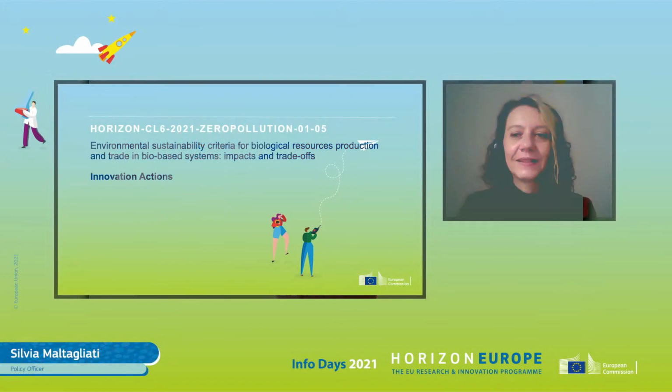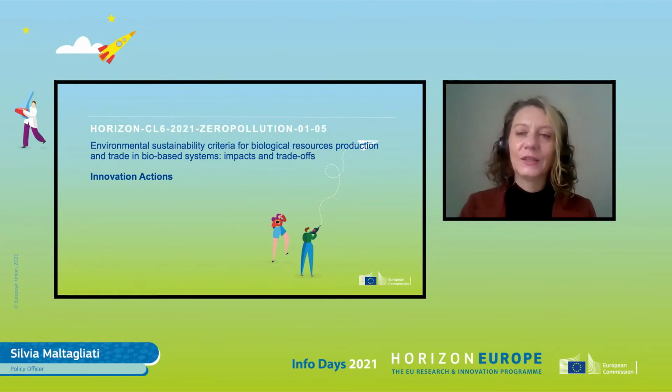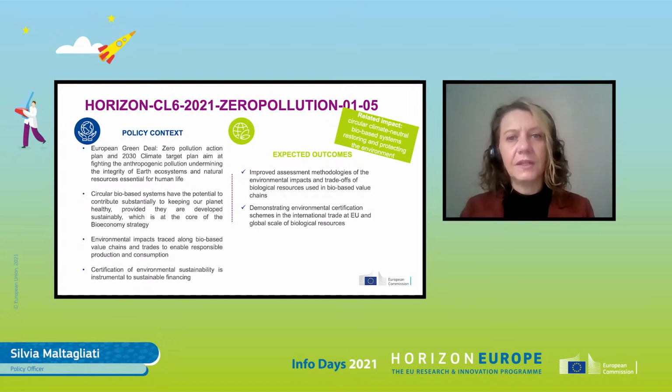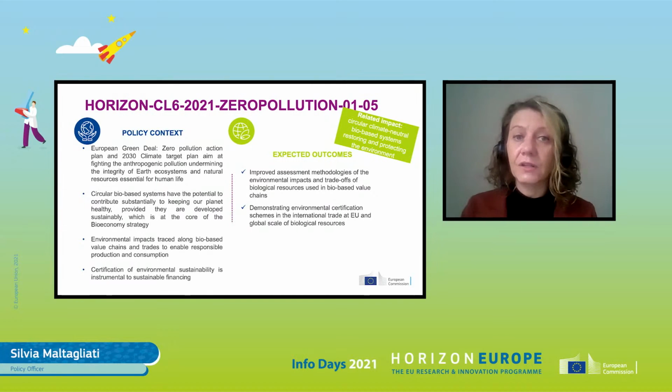My name is Silvia Maltagliati, and I work in the unit Circular Economy and Bio-Based Systems of the European Commission, DG Research and Innovation. So the core outcome of the topic, environmental sustainability criteria for biological resources production and trade in bio-based systems, impacts and trade-offs, is to ensure that certification schemes for international trade of biological resources that are used in industrial bio-based sectors do include the environmental impacts and trade-offs along the whole bio supply chain.